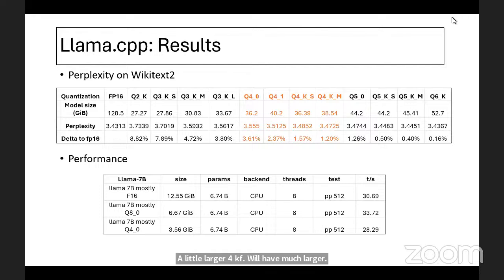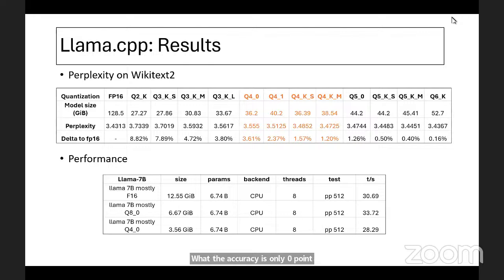So essentially they're trying out different recipes to see what works best. And again, these are 4 variants for 4-bit. If you go to sub 4-bit, there are many more variants. The point is that with the Q6K model, the model size is almost half the original, 128 gigabytes compared to 52, but the accuracy is only 0.16% different.